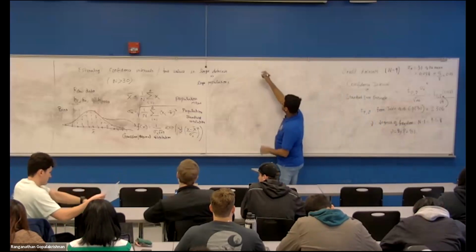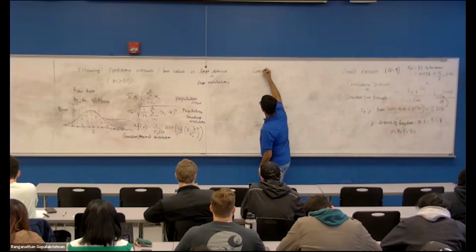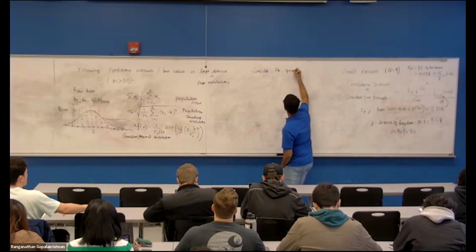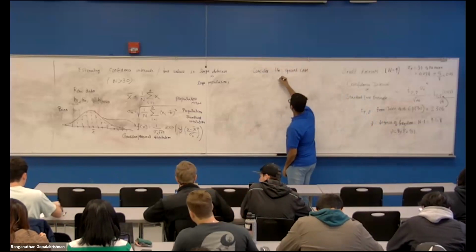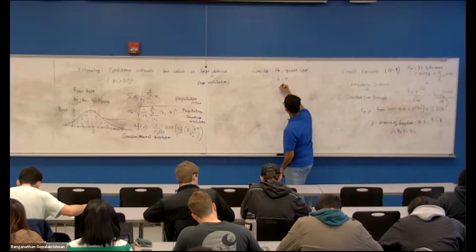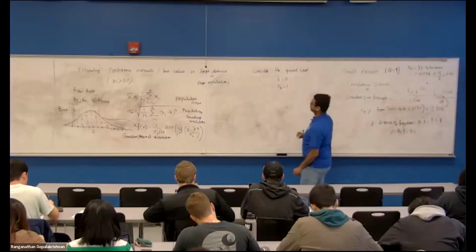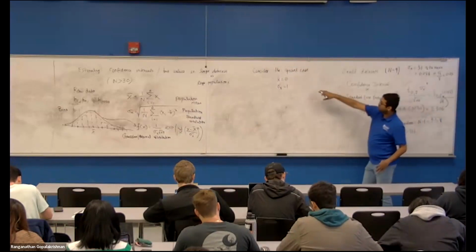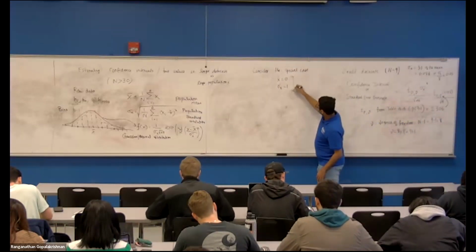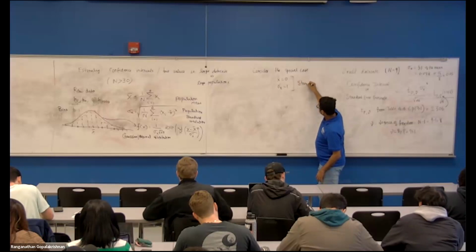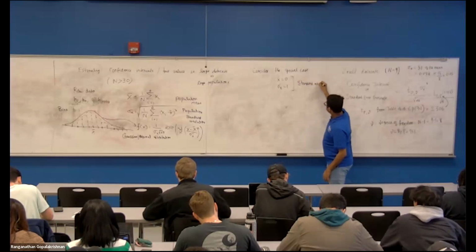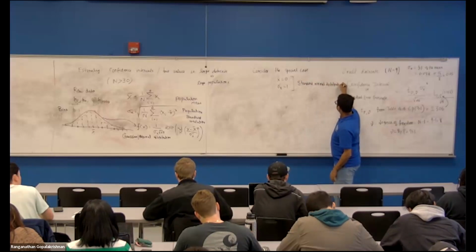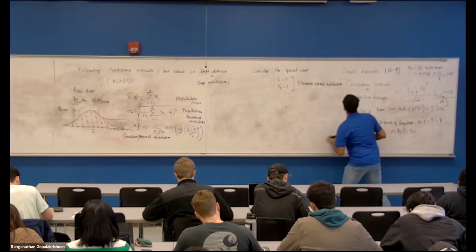So let's consider the special case where x bar equals 0 and sigma x equals 1. That is, you can always think of some quantity which has a mean of 0 and standard deviation of 1. This special case is called the standard normal distribution.